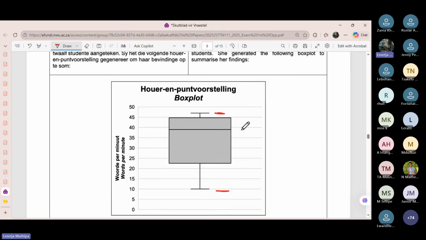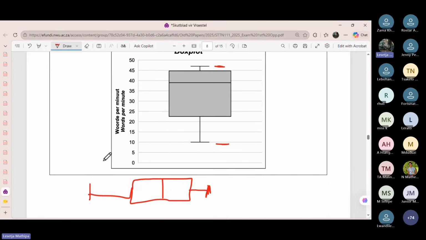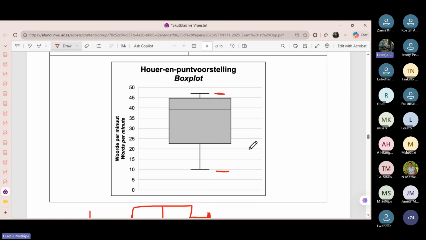Okay. Now we are on this question, we're analyzing this question. You said the 5-number summary: the minimum, the lower quartile, the median, the third quartile, and the maximum. So I was asking, between this line and this one, which part are you going to put as your minimum?